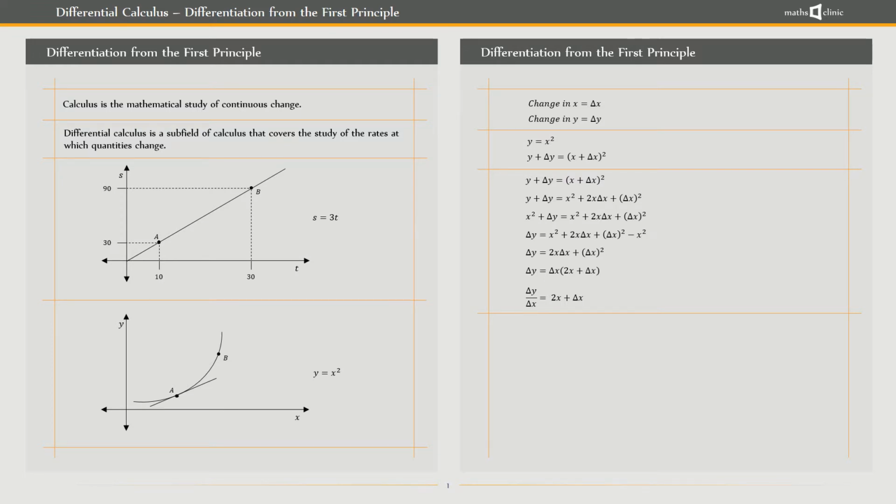But there's something important we have to do at this point. Remember, the gradient is different at every point, and we're actually looking to find the gradient at a particular point. If you're finding the gradient at a particular point, it means there really isn't a change in x.